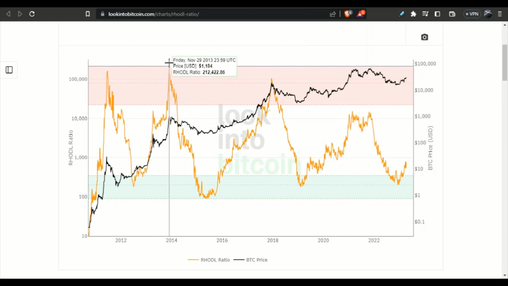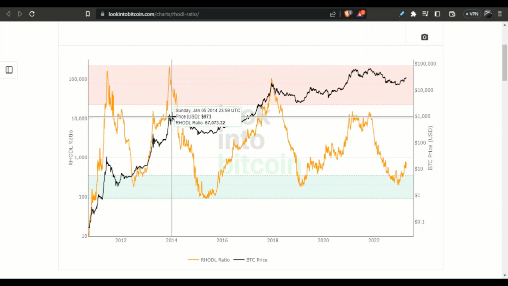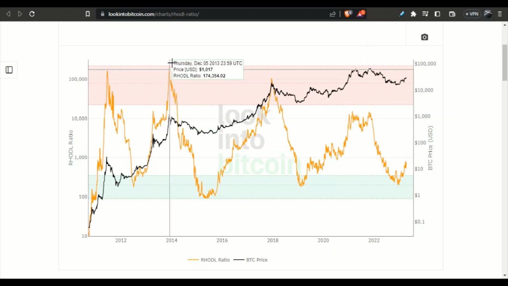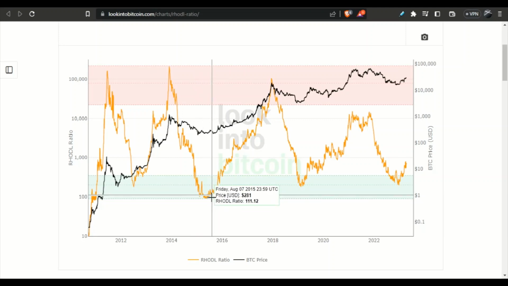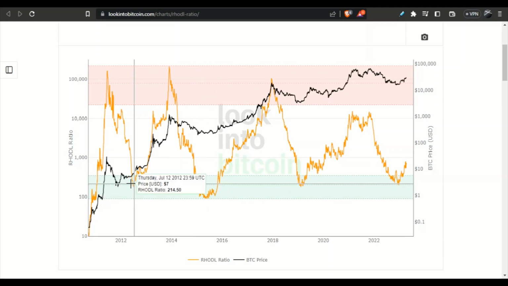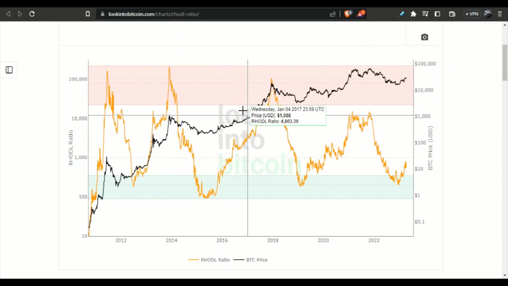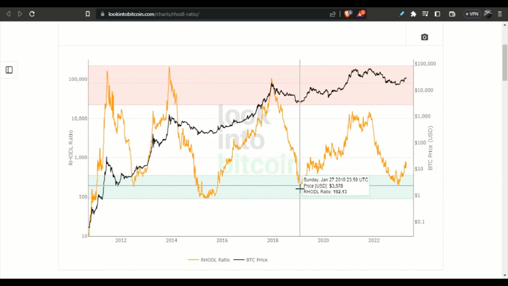When this peaks, we are overheated and usually tend to have a peak in Bitcoin price. And when this is in the green zone, usually it indicates the bottom of a Bitcoin cycle, as you can see here.